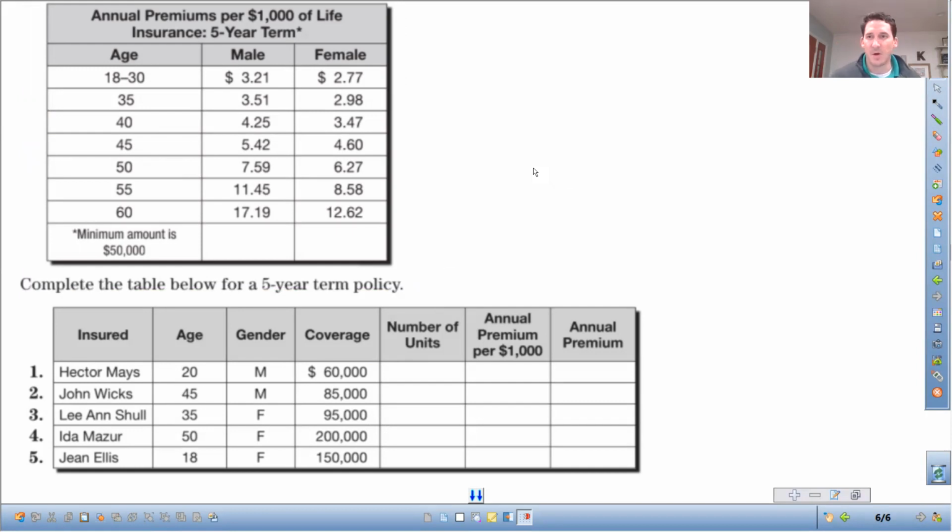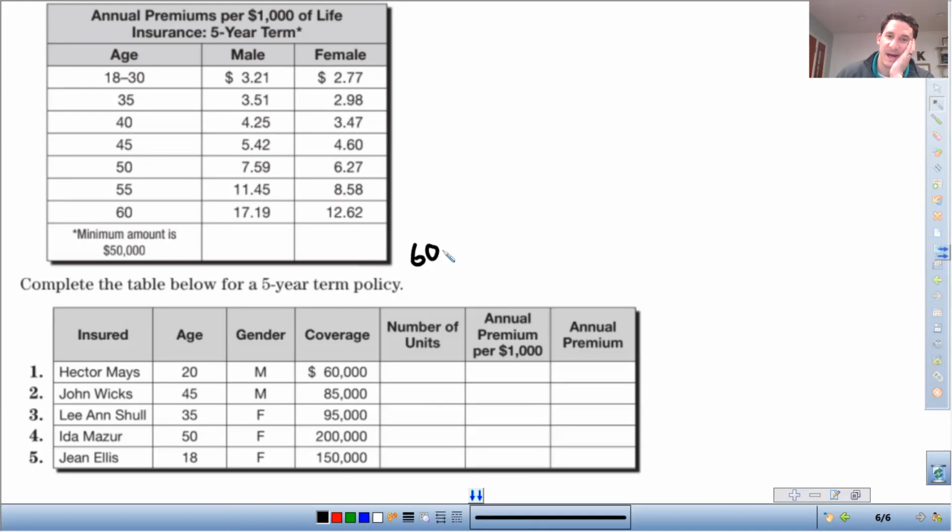So the table below is a 5-year. So what you need to do, you need to figure out the number of units. You take the coverage, 60,000, and you're going to divide that by 1,000 to figure out the number of units. So 60,000 divided by 1,000 is 60.